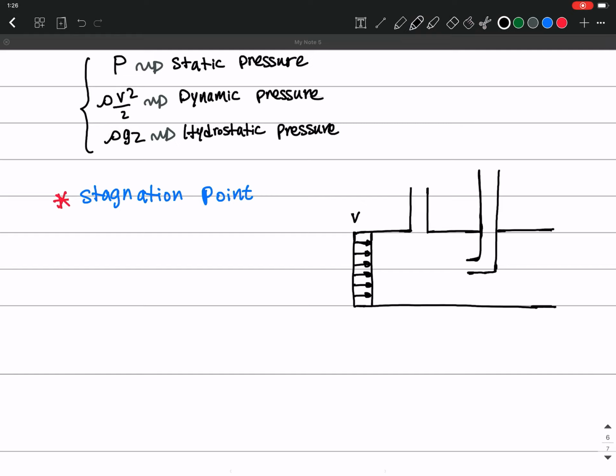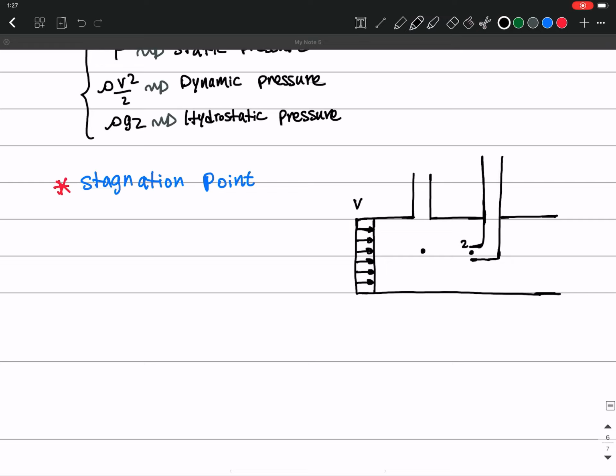Okay, and then we have point 1 and point 2, and this is point 1. So the velocity at point 1 is v, and the velocity at point 2 is 0. Say it is kind of stuck here and it cannot go further.